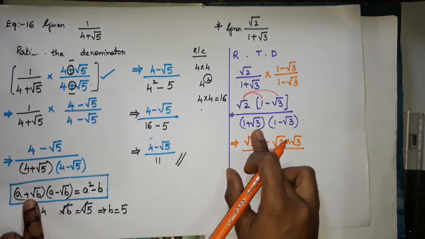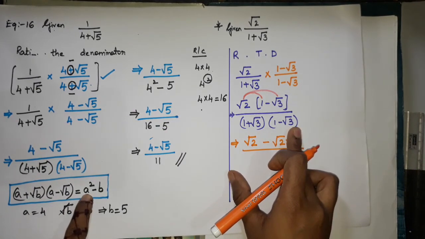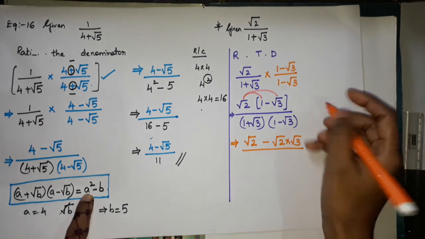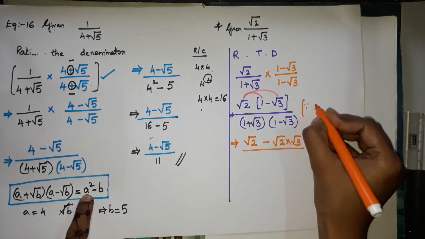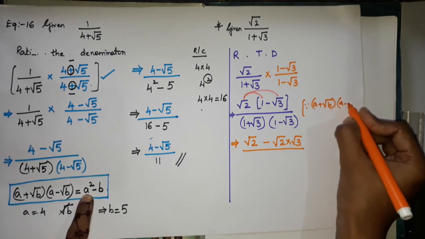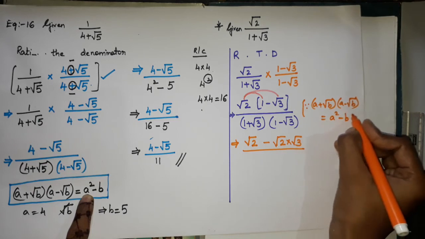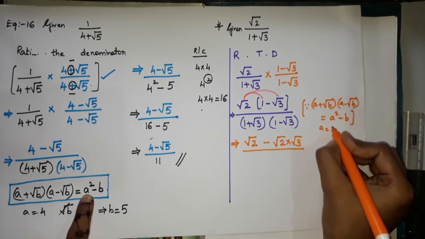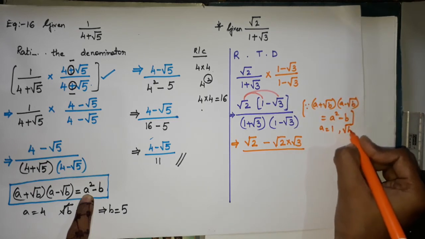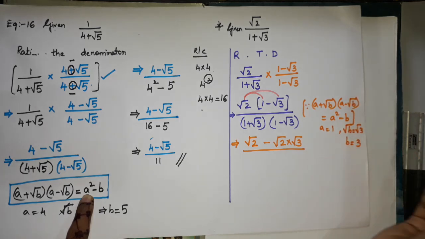That is the same formula we have to apply. 1 plus root 3 into 1 minus root 3 is nothing but a square minus b. Yes or no? Since a plus root b into a minus root b is equal to a square minus b. What is a here? A is nothing but 1. Root b is nothing but root 3, that is b is equal to 3.